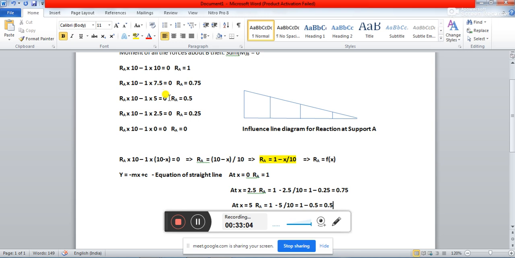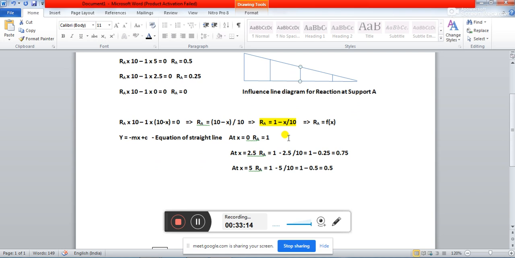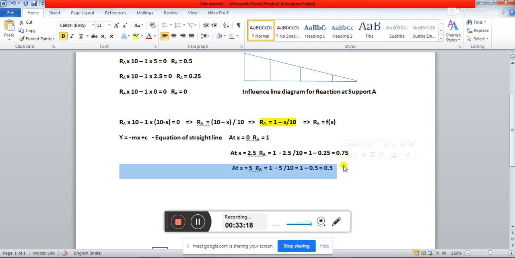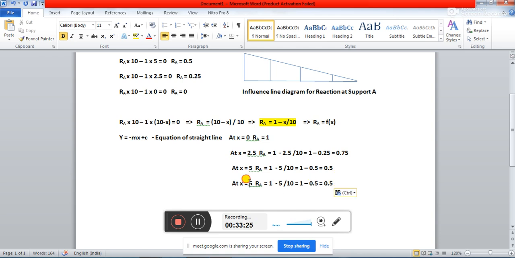So see, this value and this value are matching, and this is the ordinate. At every point, what you are calculating using this equation is basically the value of the ordinate of the influence line. And just at the end, at x equal to 10, what will be the value of RA? Your value of RA is going to be 1 minus 10 by 10, and 10 by 10 is equal to 1, and that is going to give you 0.